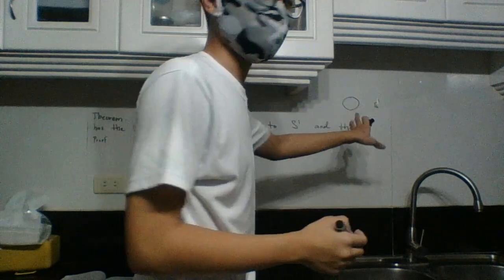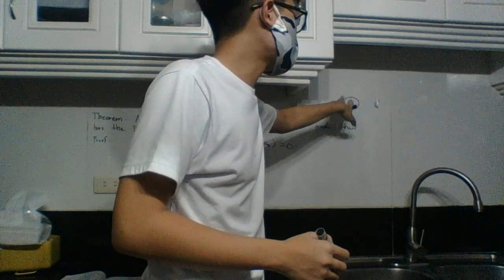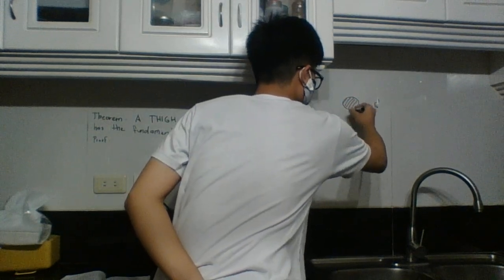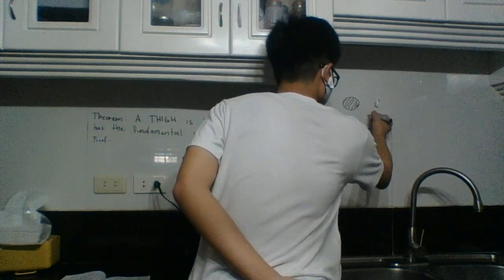So the collection of all points that lie on this circle and not inside it or outside it are S1. B1 is the closure of S1, or the interior of S1.